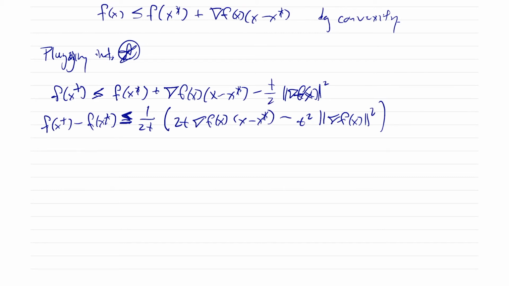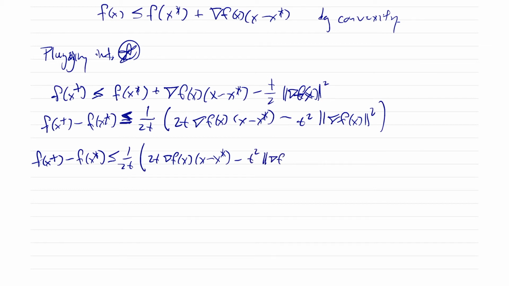Now I'm going to add and subtract something, and basically it's going to complete a square. So we get f of x plus minus f of x star less than or equal to 1 over 2t times 2t gradient of f of x times x minus x star minus t squared norm of gradient of f of x squared plus norm of x minus x star minus norm of x minus x star squared.